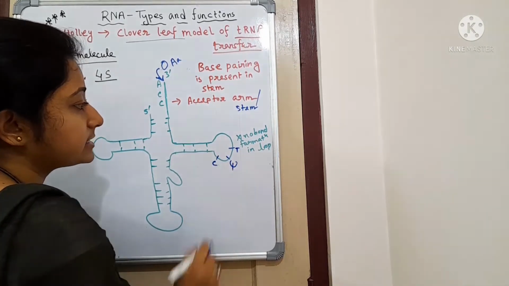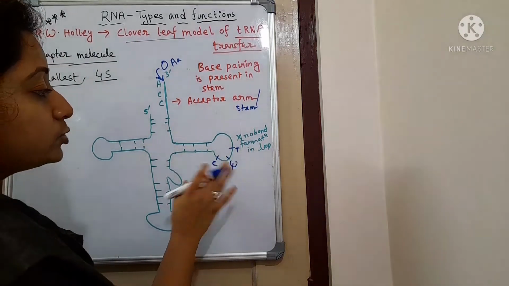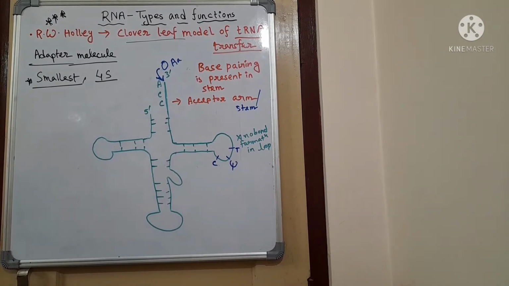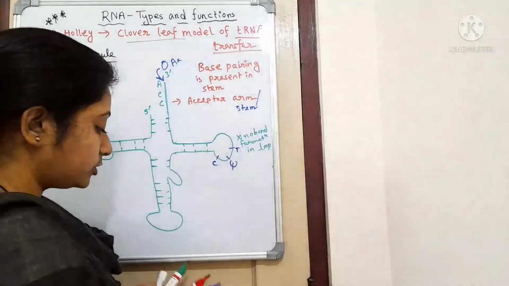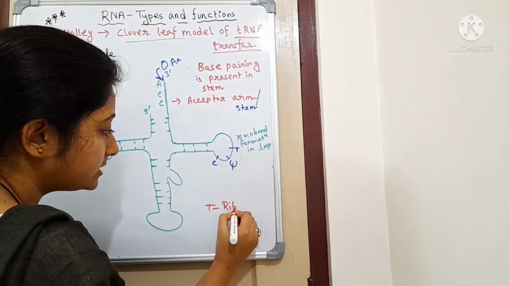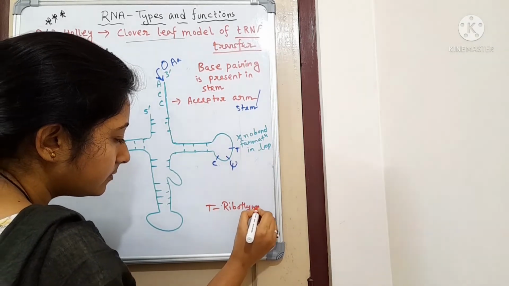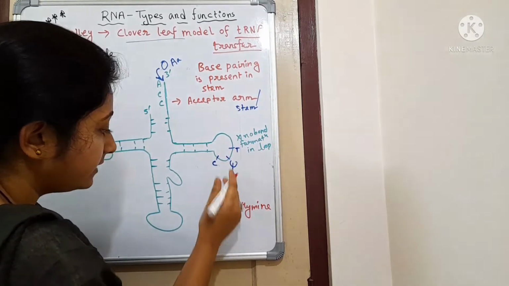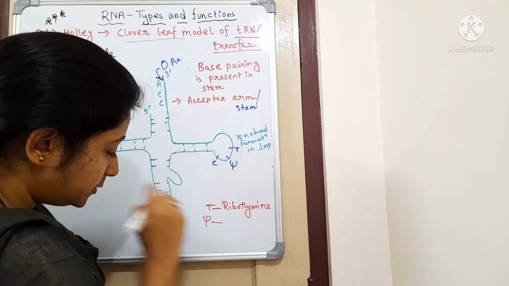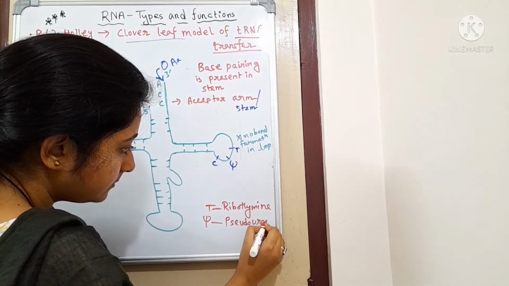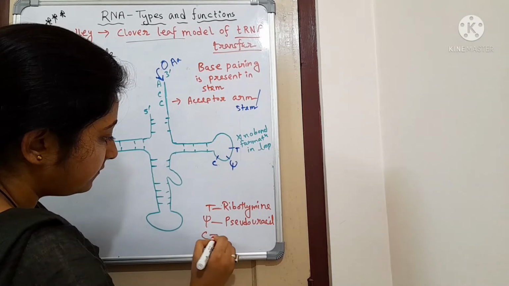Usual components are present, but some unusual components are also present, like the pseudouracil molecule. Then ribothymidine is present. T for ribothymidine, then Ψ for pseudouracil, and C for cytosine.